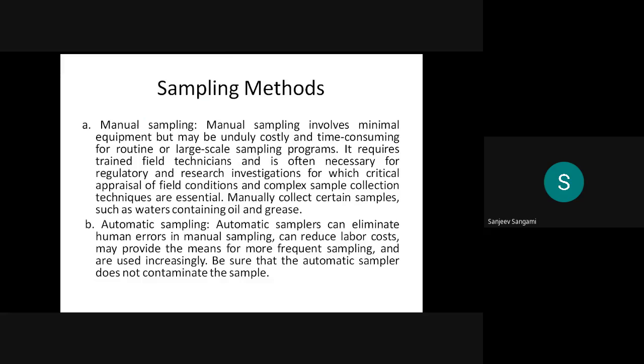That also we have to see. Normally this manual sampling requires proper technicians to do the sampling, and you should know the variation in the different parameters that are involved in the sampling.